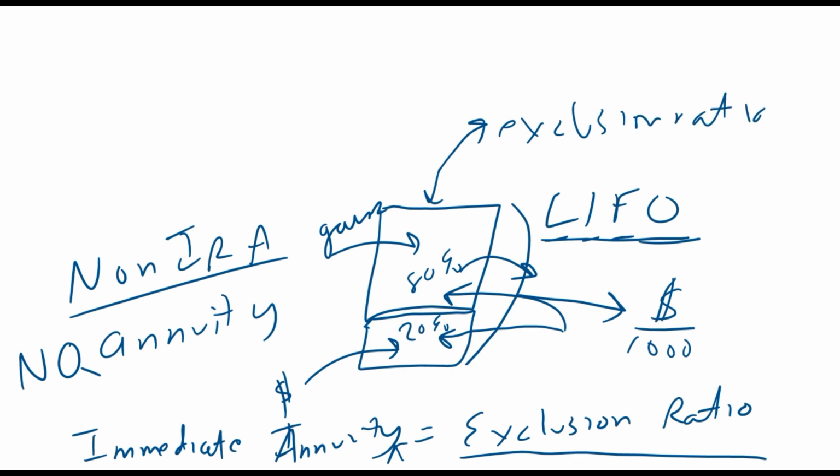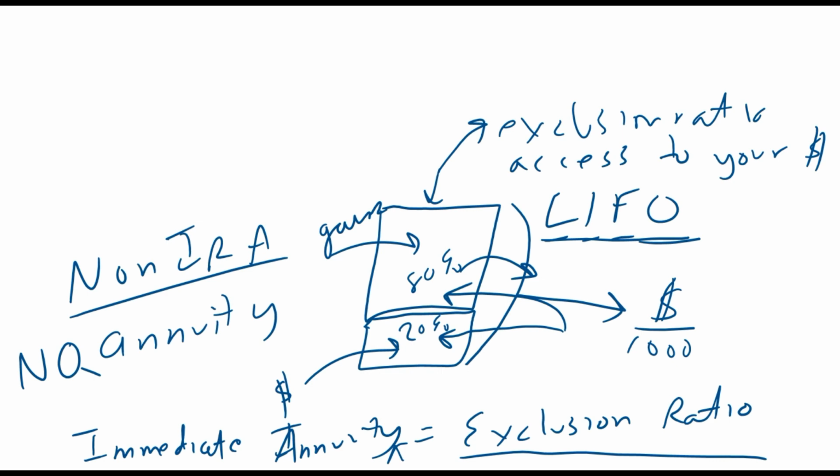Wow, I cannot write on this pad at all. You'll get the exclusion ratio and you'll get access to your money. Okay. A few insurance companies offer this. So you will have some of your money return of principal tax-free and some gains, depending on what the makeup of your annuity is. Okay. So you can still do that while you're alive.